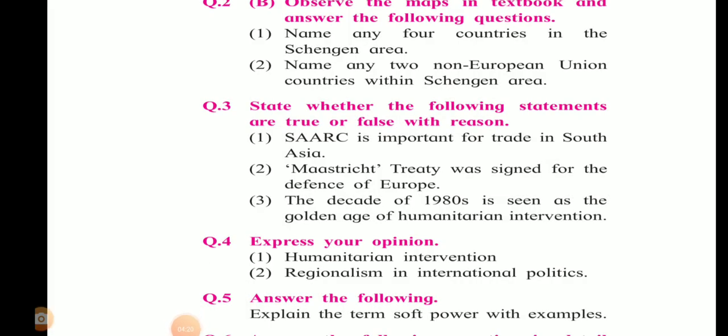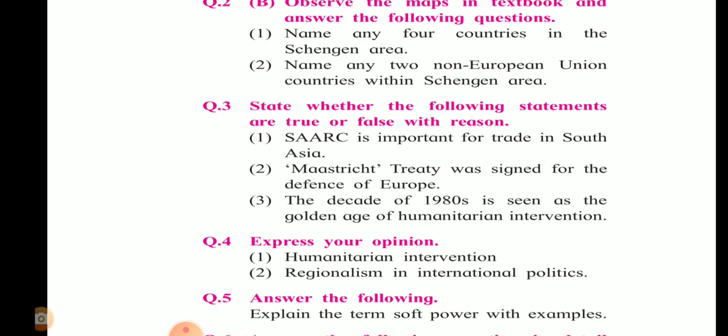Now third question. The decade of 1980s is seen as the golden age of humanitarian intervention. The answer is false. The given statement is false. Now write the explanation why that answer is false. Write it down.